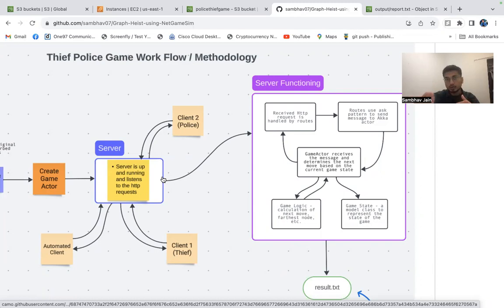And it also checks whether that move is a legal move or not, whether the player is stuck and cannot move further, or whether the move they made for any player, like thief, and the thief has already landed in a node which is a valuable node. So according to that, they send the response to the client itself. So that is why the direction is like that: client sends the request and it gets a response from the server, and this is the magnified view of our server, how exactly the things are working.